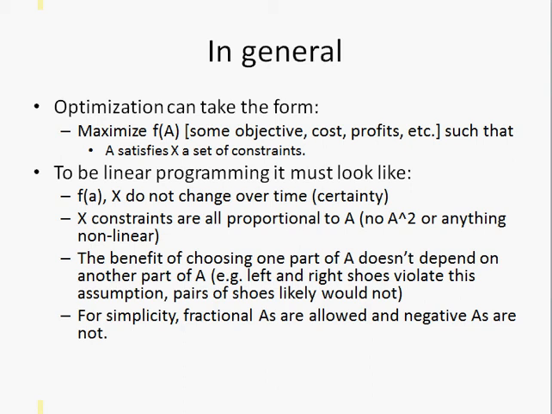And so that's a constraint, that the inputs on shoes need to be even, but that's not one that would fit within the context of linear programming, because the constraints have to be proportional to A. There needs to be some limit on the amount of A, or a direct multiple of A.